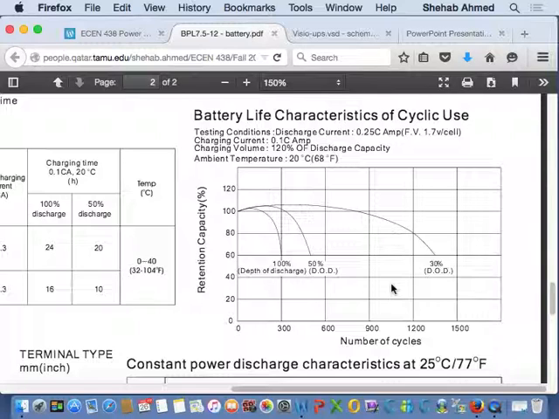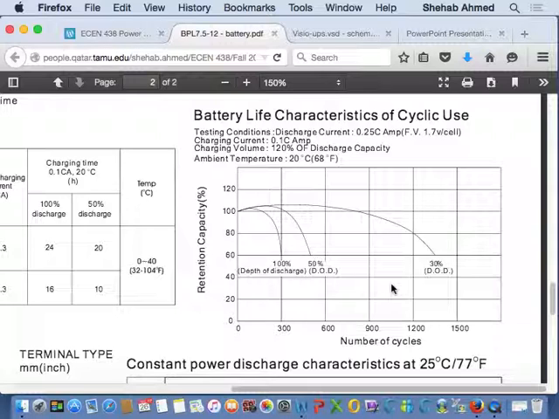So the battery capacity or energy is in watt hours, and the battery's current rating is in amp hours.